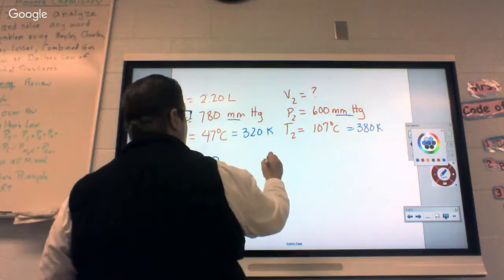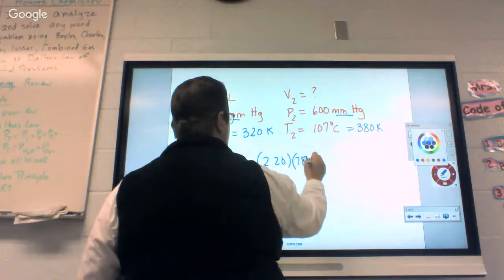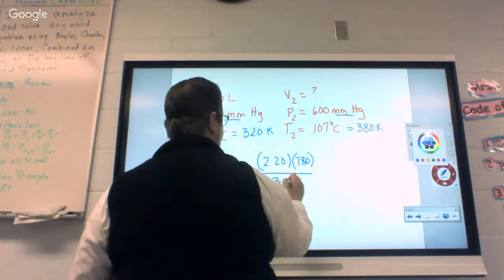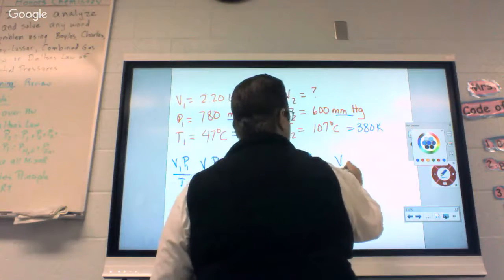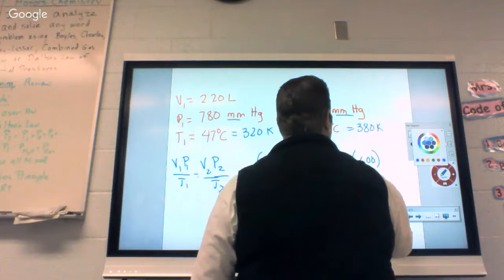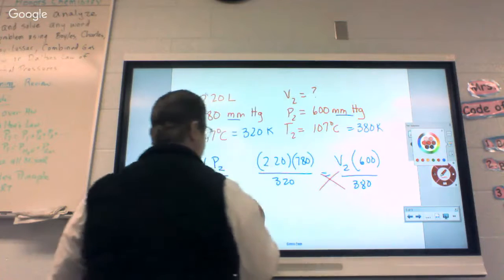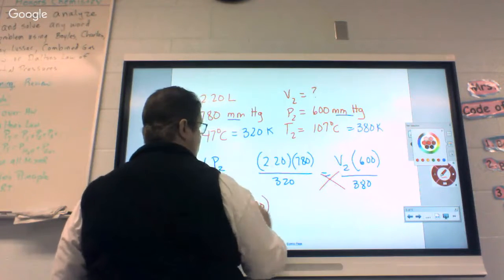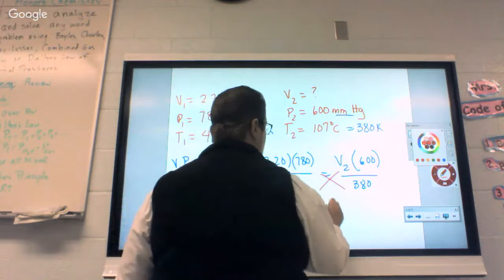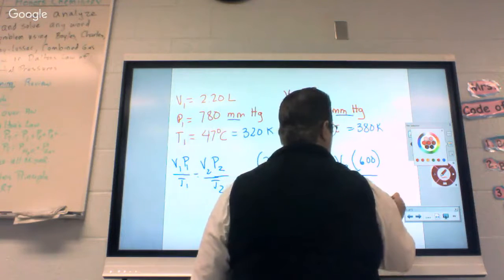All right, so plugging into our V1 P1 over T1 equals V2 P2 over T2 formula. I have 2.20 times 780 over 320 equals V2 times 600 over 380. So, cross multiplying, I'm going to get 2.20 times 780 times 380 equals 320 times V2 times 600.